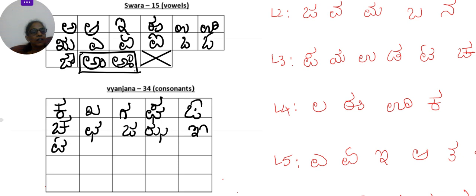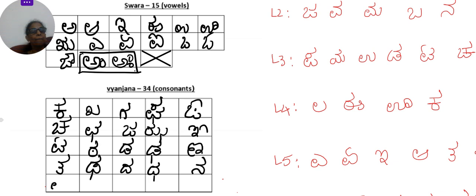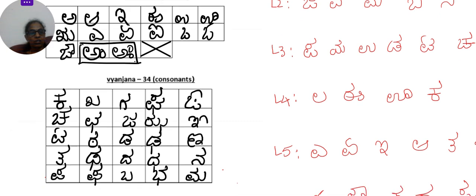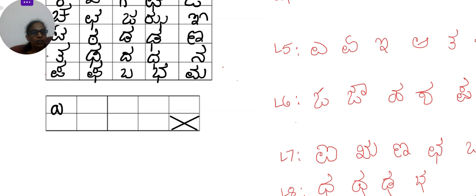Then, ta, tha, da, dha, na, ta, tha, da, dha, na, pa, pha, ba, bha, ma. And then we have the last row. Ya, ra, la, va, sh, sh, sa, ha, saha, and la.